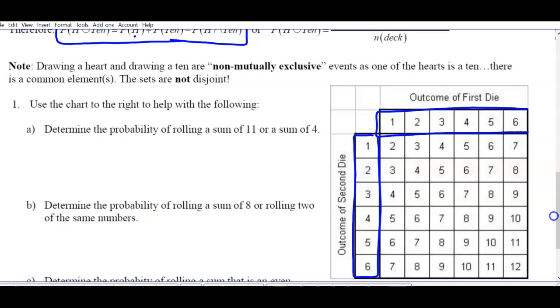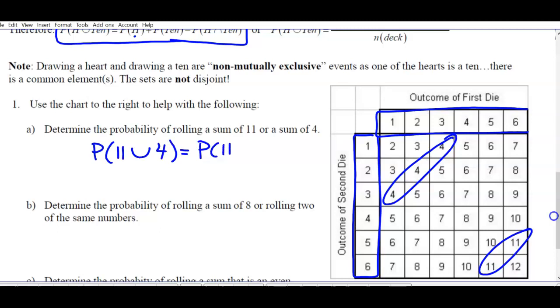So it says determine the probability of rolling a sum of 11 or a sum of 4. So look for the 11s and the 4s. Okay. So they are mutually exclusive, right? So this will be probability of 11 or a 4.